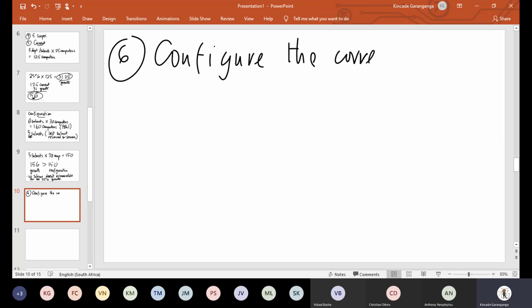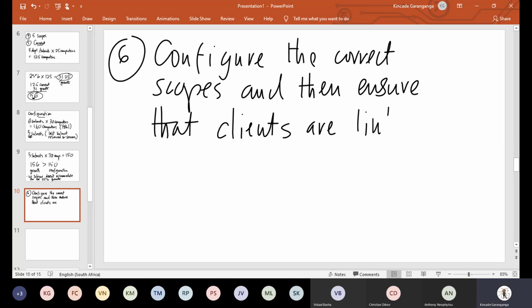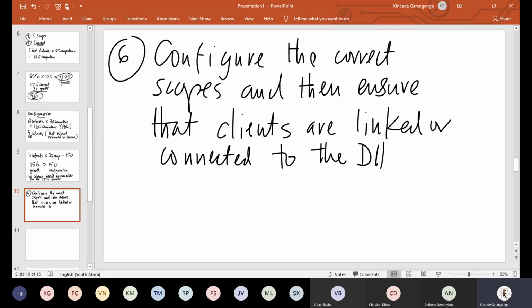All right, and then once you've done that, you obviously need to ensure that clients are linked or connected to the DHCP server.